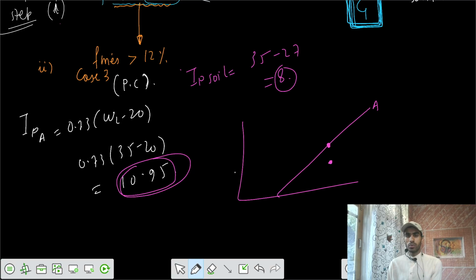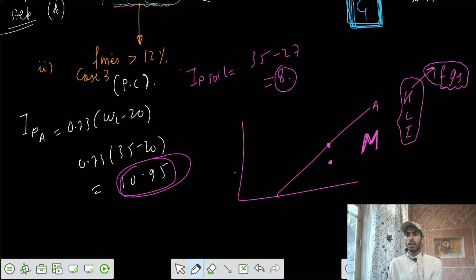So the finest part is M. We don't have to check whether this is highly compressible, low compressible, or intermediate compressible. That talk is all about fine grained soils, when we have the majority of the soil as fine grained. But this part we don't care about here. We only say what is the nature of the fineness for coarse grained soils, whether it is M or C.